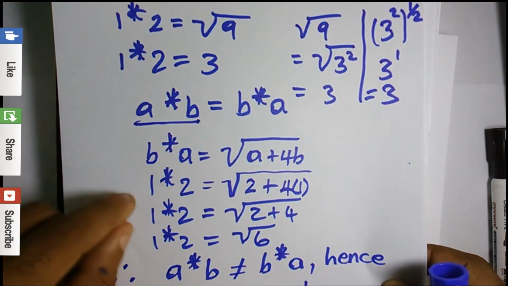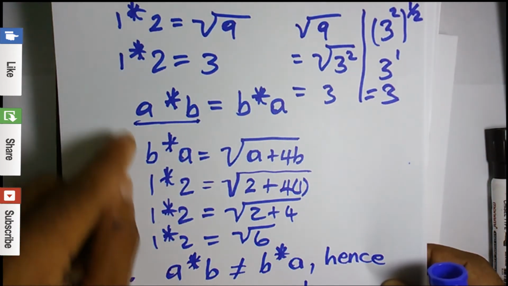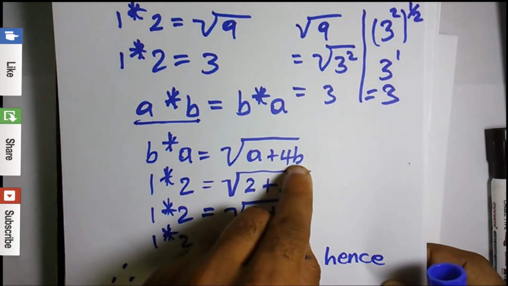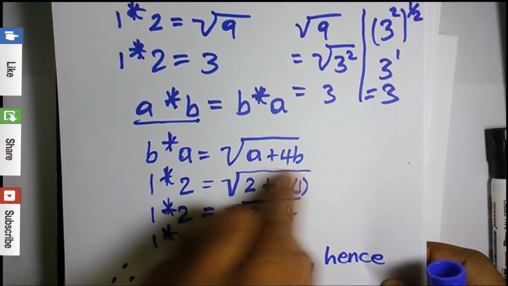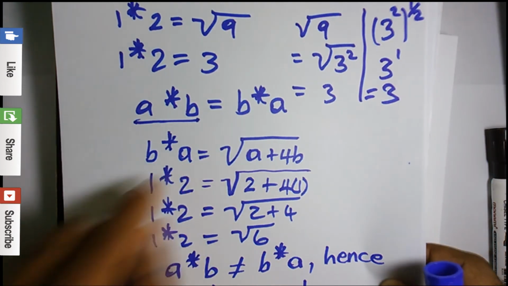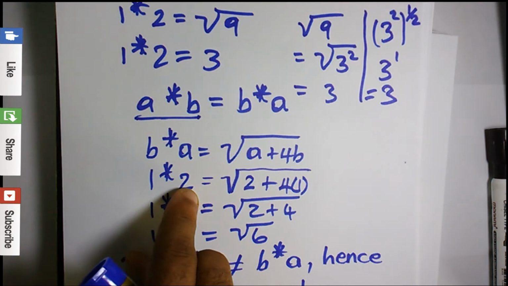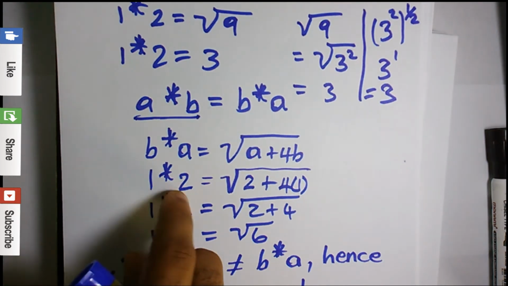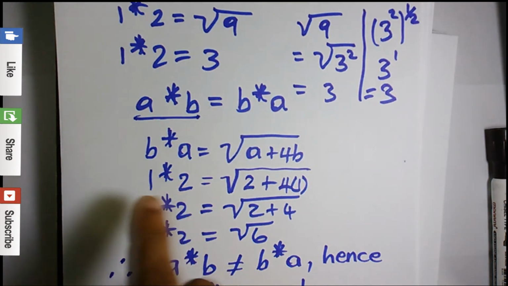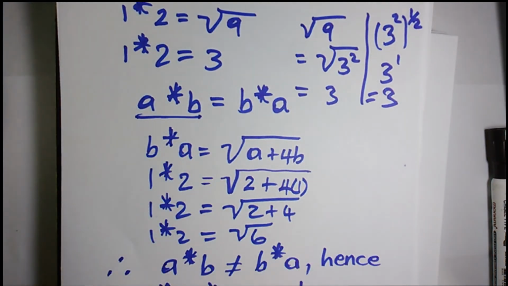Down here, instead of a being 1, we have a being 2 and b being 1. But it's the same system we're going to work with. We're not going to spin anything in the system that they gave us. The only thing we spun around was the variables. Now, if you didn't spin the variables, you would have to spin the values that they gave us. So we didn't spin the values, we spun the variables, so that would be okay.